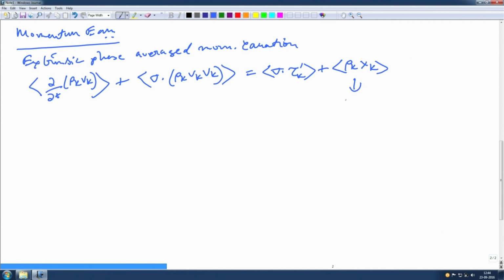So this is basically the body force term, same for different species, if we assume it that way.